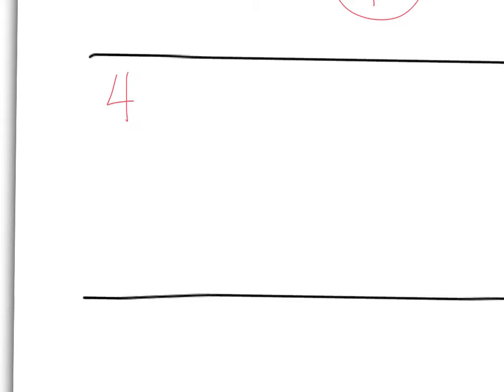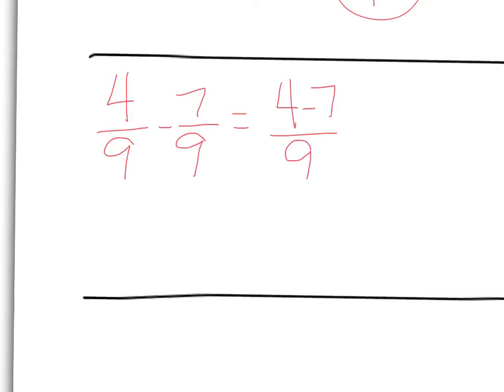Next one. What about 4/9 minus 7/9? In this one, I have a subtraction instead of an addition. The only difference is that instead of adding my numerators, I'm going to subtract them. We do this the exact same way. We subtract our numerators and keep the denominators. Now 4 minus 7, I notice I have a smaller number minus a larger number.